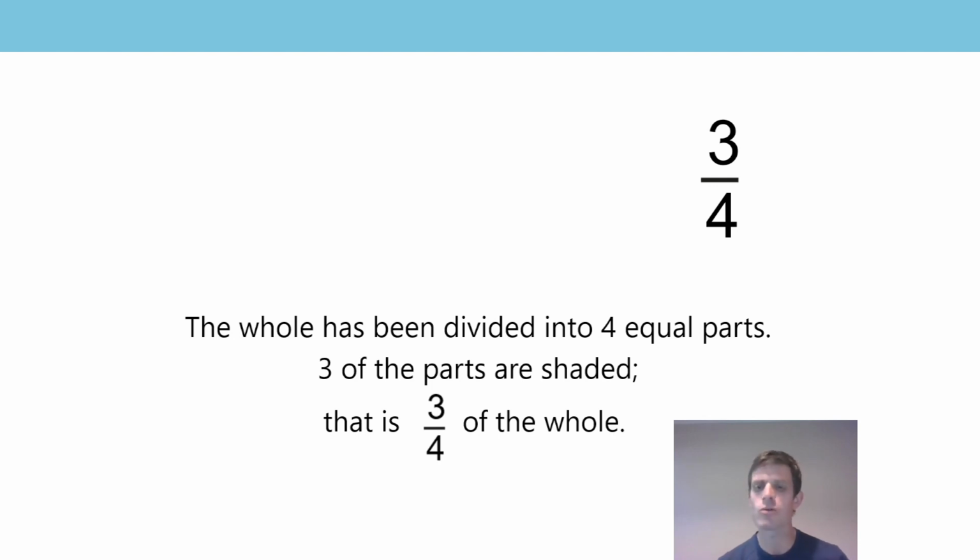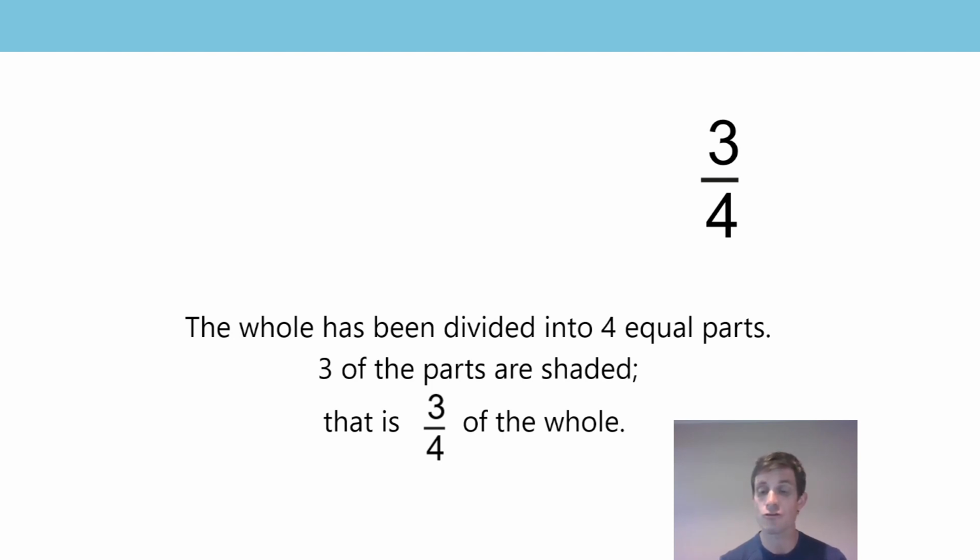Let's look at 3/4 again, but this time we've got a sentence stem that can help us. So the sentence stem tells us that the whole has been divided into 4 equal parts, so we can see the 4. And it also tells us that 3 of the parts are shaded, and we can see where the 3 is.